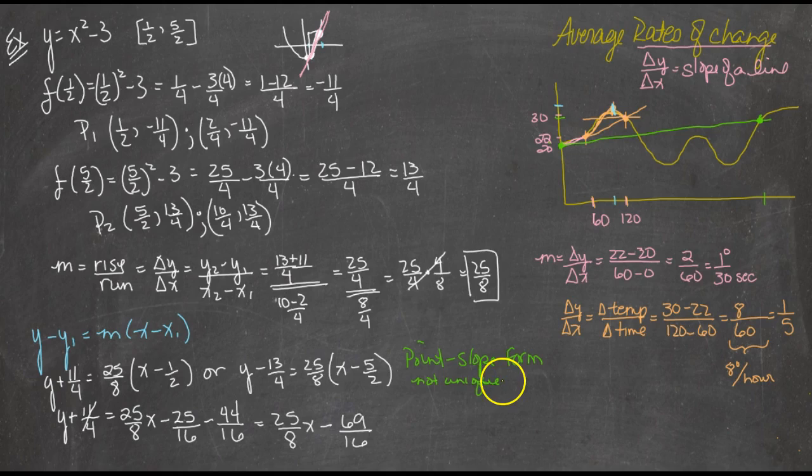In fact, if I wanted to, I could choose other values, plug them in for X and get a Y out. And I could have infinite different versions of the point slope form of the equation.